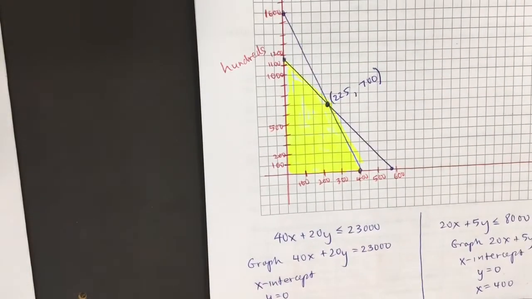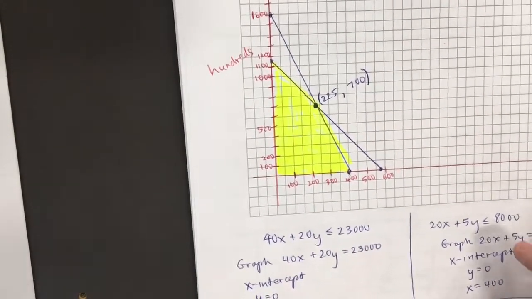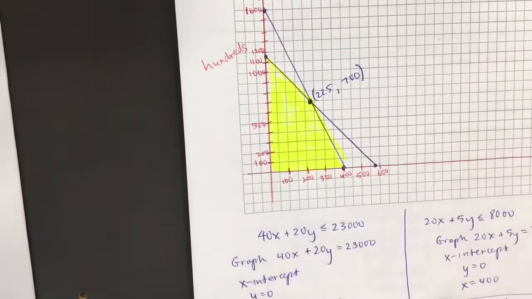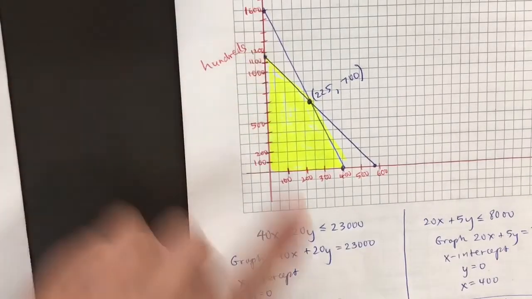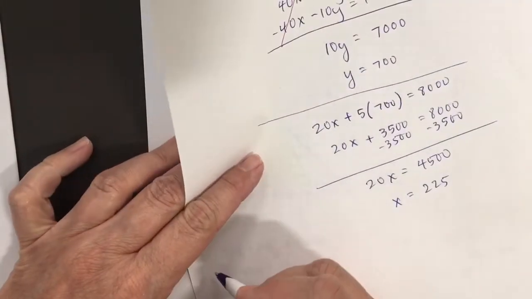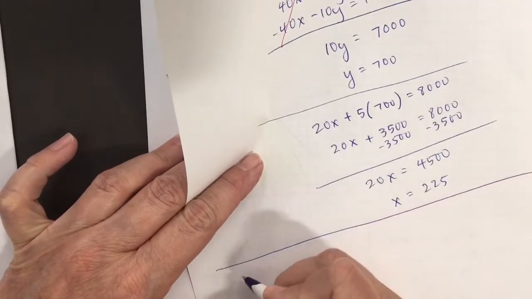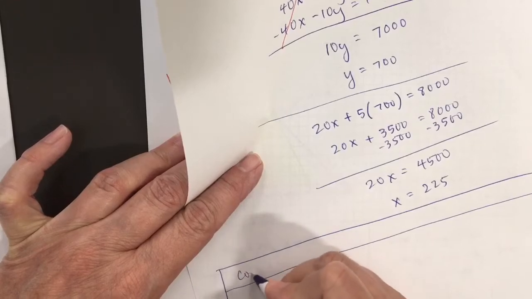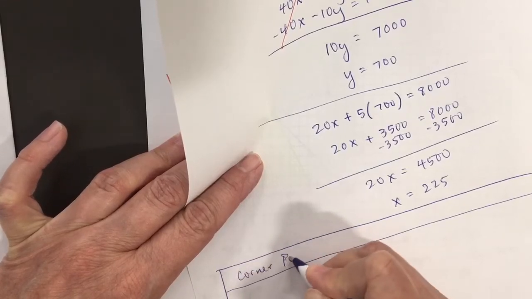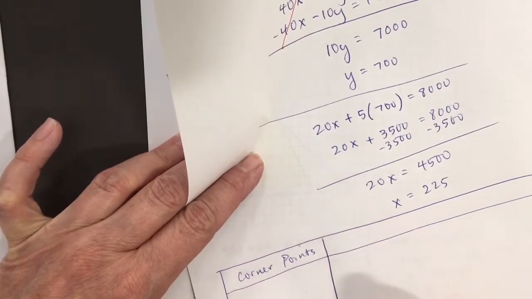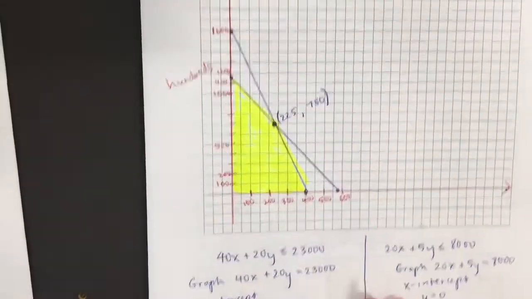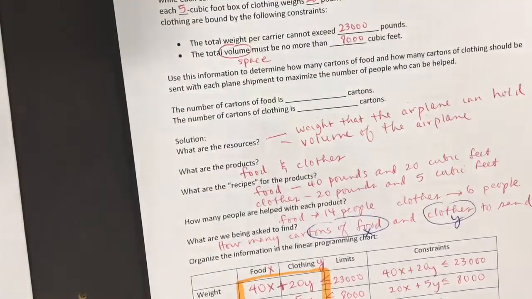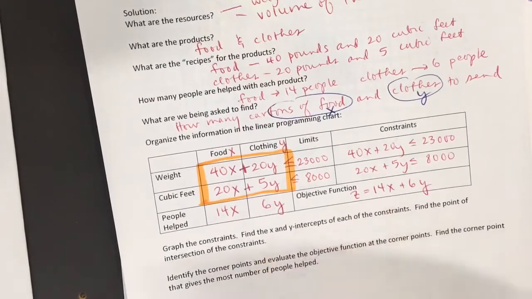Identify the corner points. I'm going to write them on my paper here. So I'll do a little chart with this. Corner points. And the objective function was here, z equals 14x plus 6y.